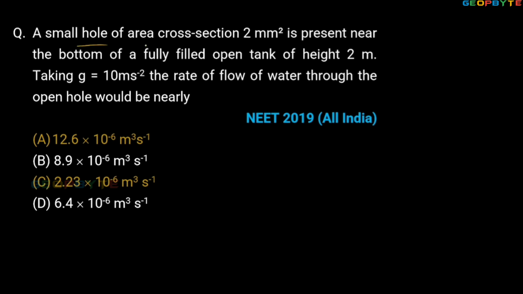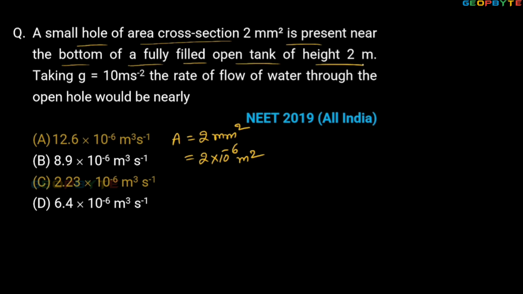A small hole of area of cross section A equal to 2 mm square, which is equal to 2 into 10 power minus 6 meter square, is present near the bottom of a fully filled open tank of height of the liquid H equal to 2 meters.